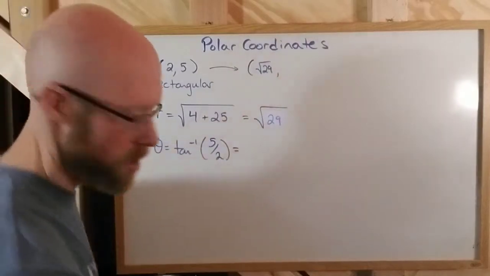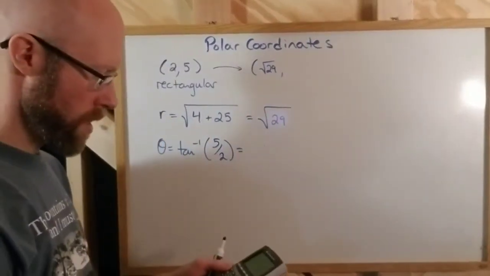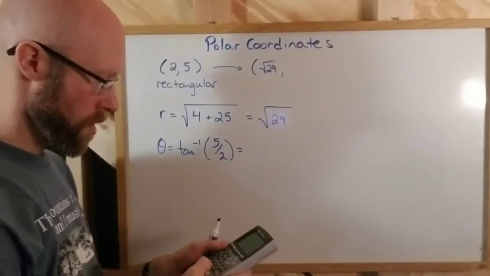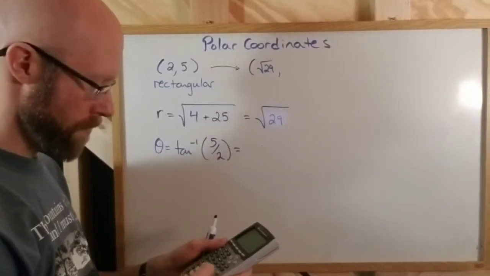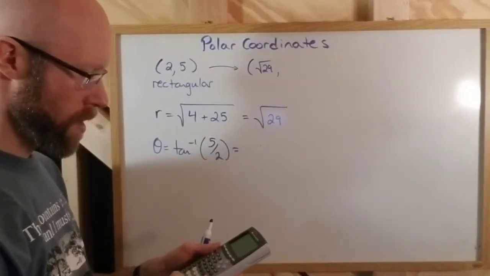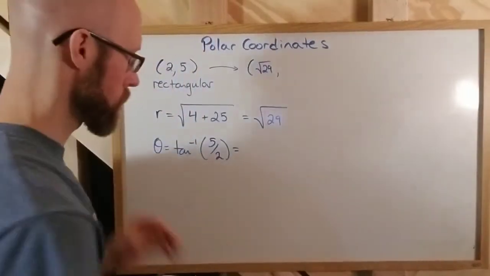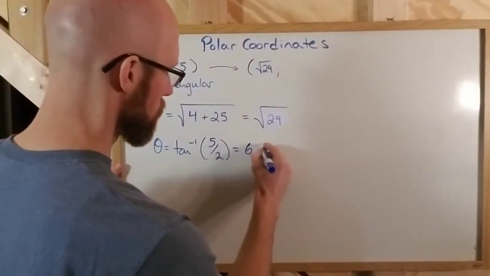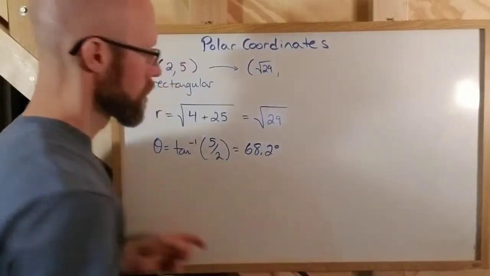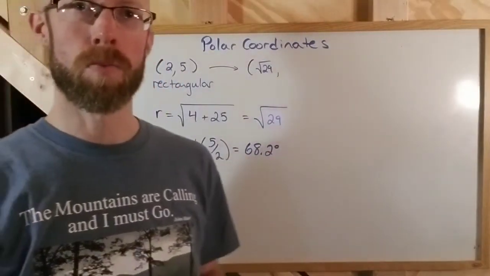The inverse tangent of 5/2, I'm going to need an approximation for that. It's about 68.2 degrees. Okay, so this is an approximation.